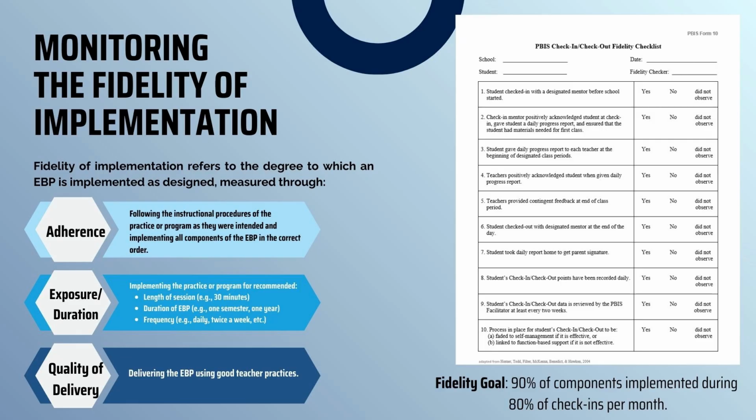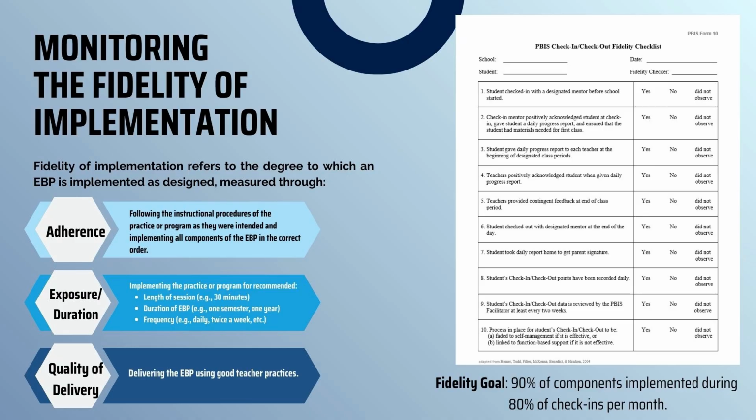Did the student check out with the designated mentor at the end of the day? Did the student take their daily report home and get their parents to sign it? Have they been recording their points every day? The student's checkout data was reviewed by their PBIS facilitator. So, are the processes in place for the students' check-in and check-out?